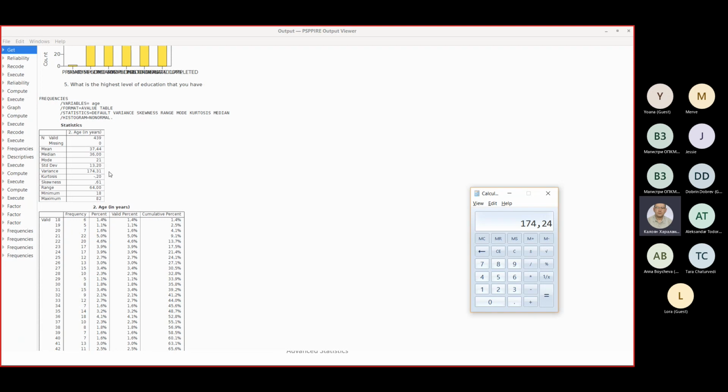Variance is difficult for interpretation because standard deviation measures deviations in years. So variance will measure the same deviation in square years. And this square years is very hard for the interpretation.